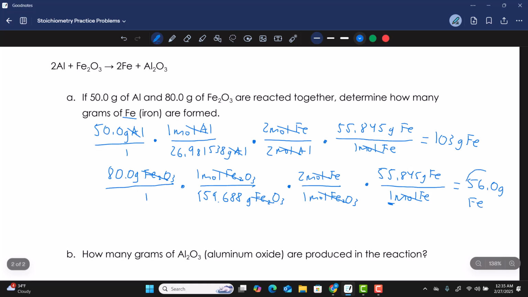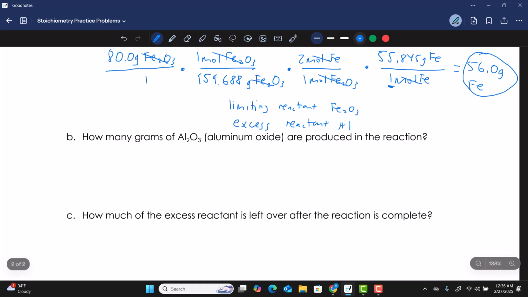And so since this is the lesser amount, this would be the grams of Fe that are formed, because the limiting reactant is Fe2O3, and once that Fe2O3 runs out, then the reaction stops. The excess reactant is aluminum.